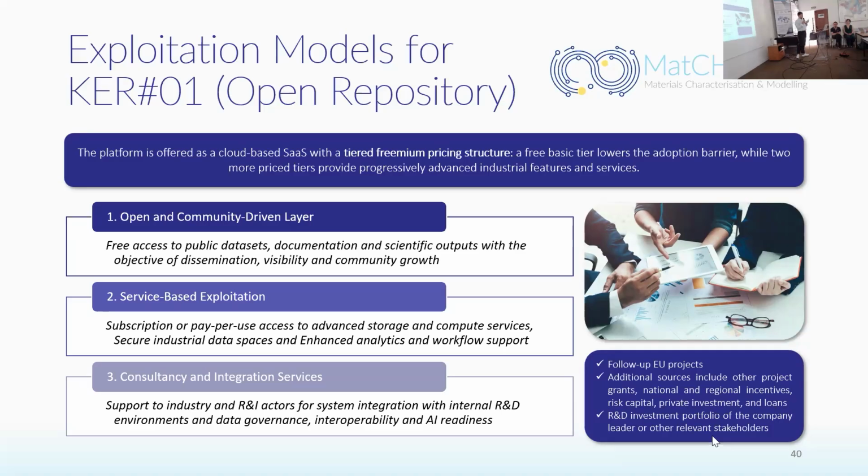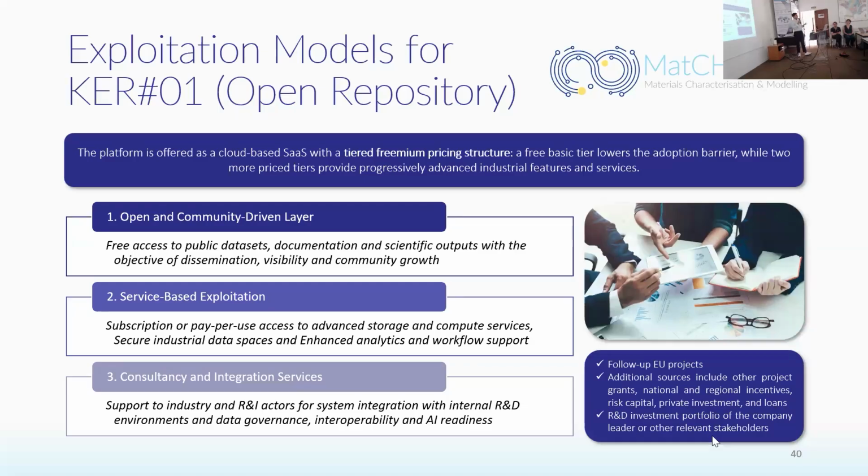So while in the second tier, I can see some R&D departments that could be interested, in the third tier, I can see that if someone needs a more customized, tailored service, for example, I can imagine the standardization bodies being interested in this kind of service, asking for a sort of service consulting.